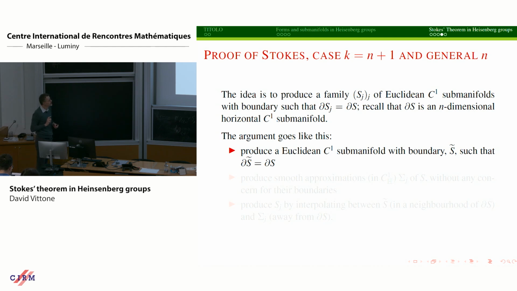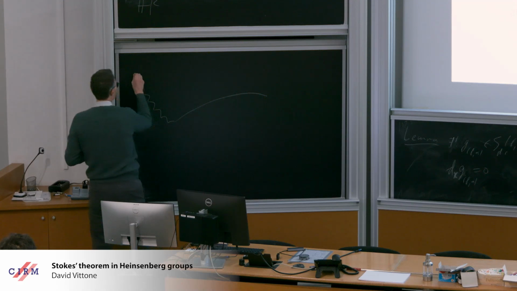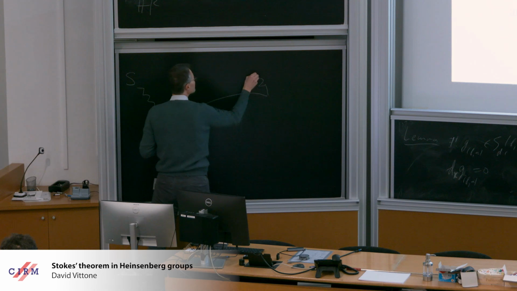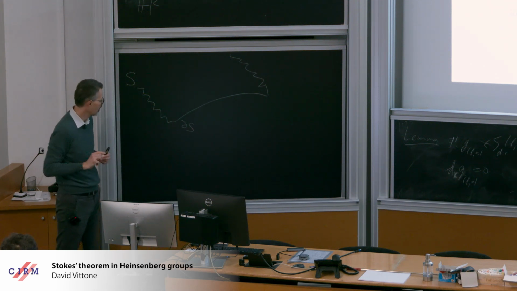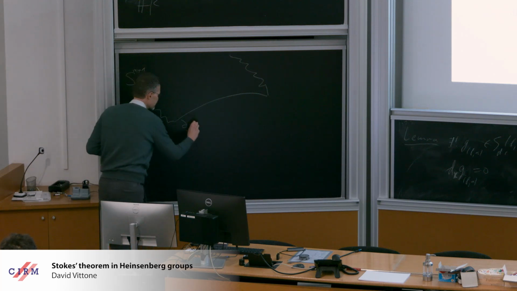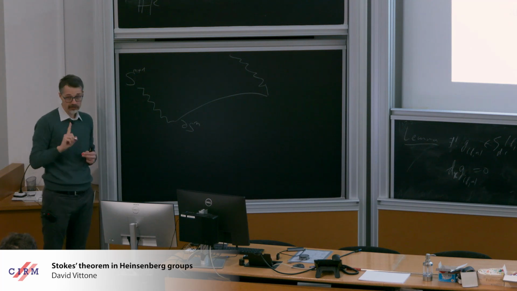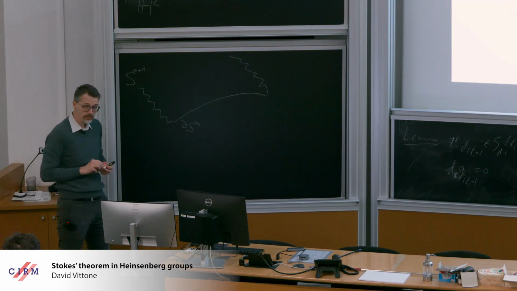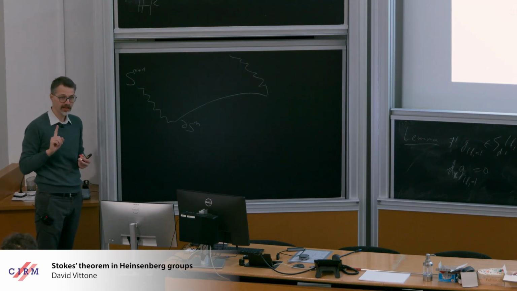We produce the approximating family Sj in such a way that they have the very same boundary as S. Again, S is something which is maybe not so smooth. But its boundary, ∂S, which is n-dimensional while S is n plus 1 dimensional, we know is Euclidean C1 and horizontal. So in particular, it's transverse to the vertical direction t.